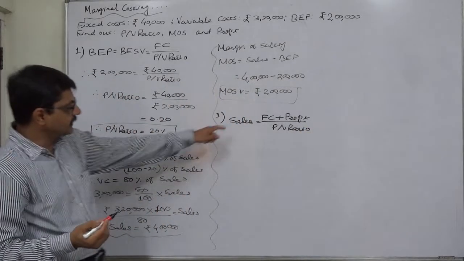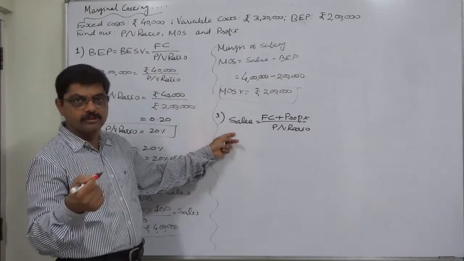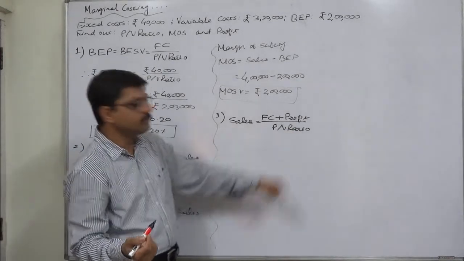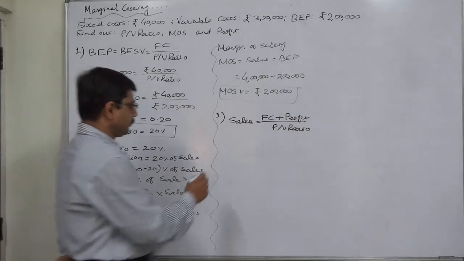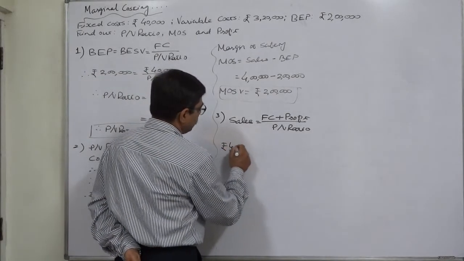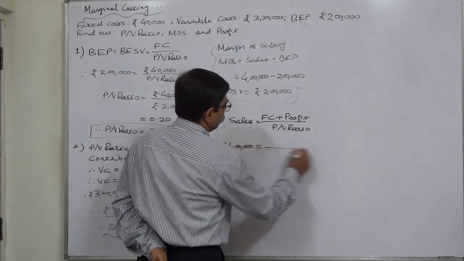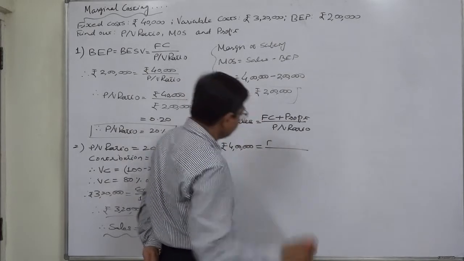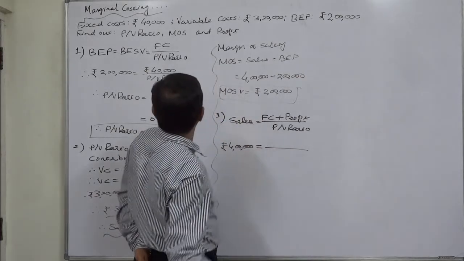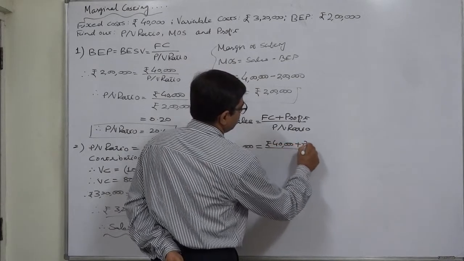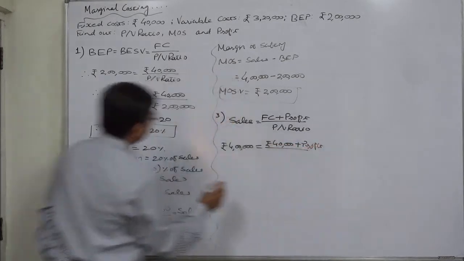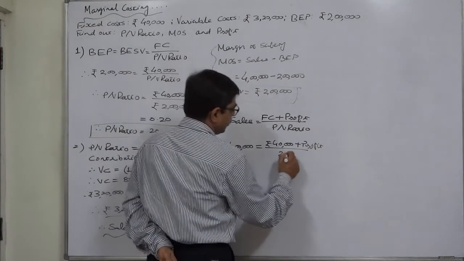If we want to find out sales value, we have to substitute PV ratio as a denominator in the place of contribution per unit. So sales is rupees 4 lakh, fixed cost is rupees 40,000, profit is missing, and PV ratio as we have calculated is 20%.